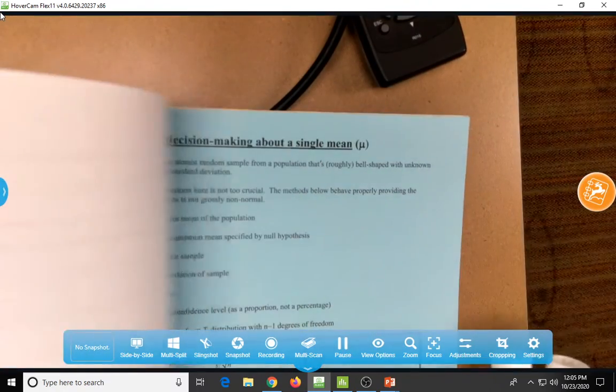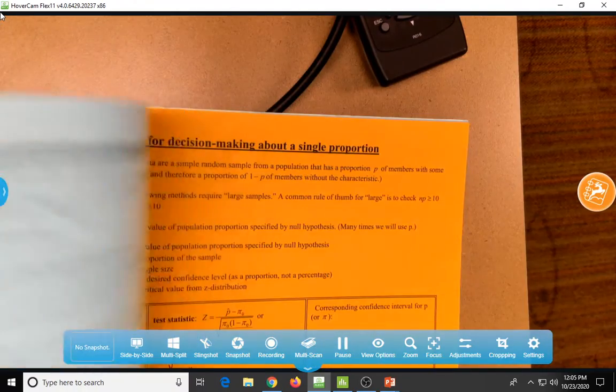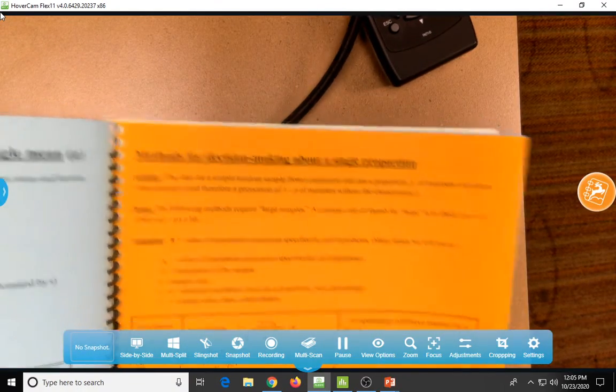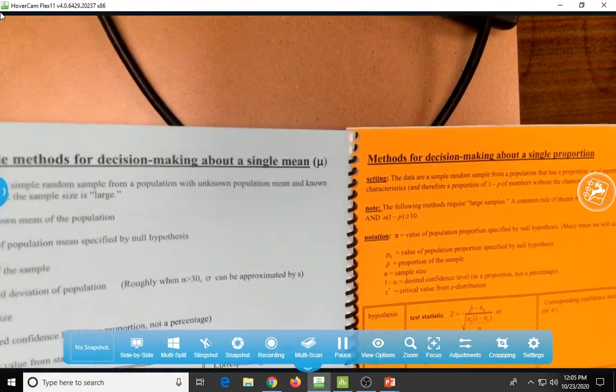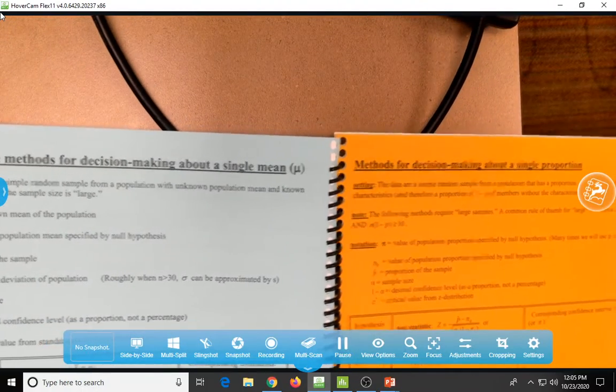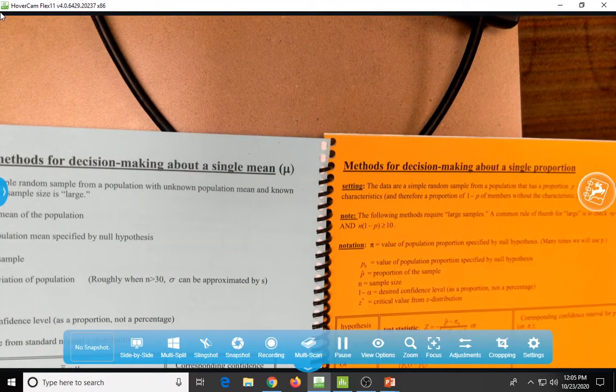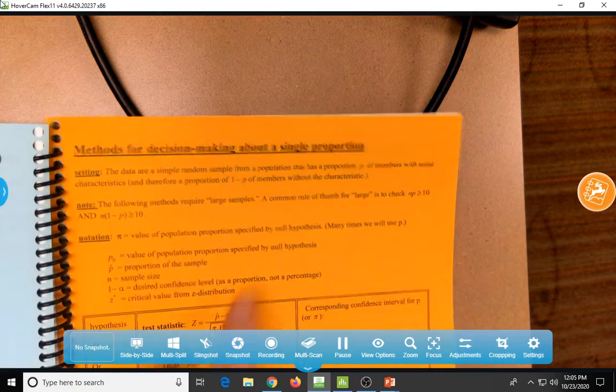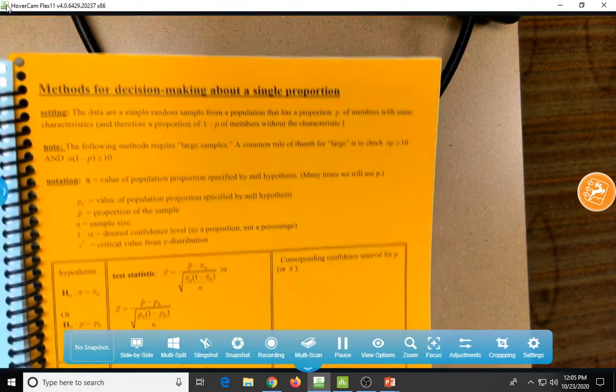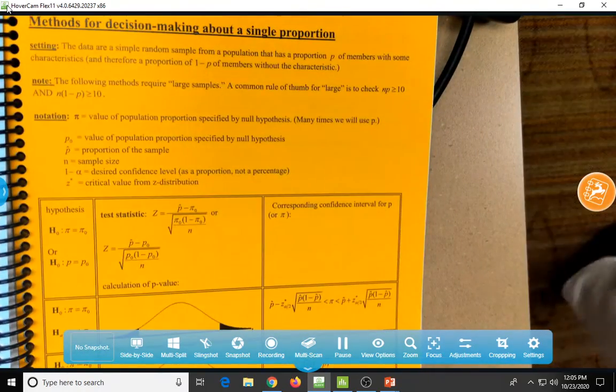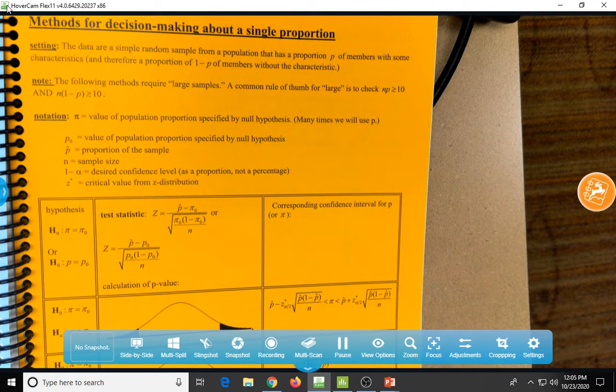So if you go ahead and look at the back of the baby blue course pack, that's large sample. First of all, the single proportion here. Over here on the right, you get the various confidence intervals that you would get: our estimate plus or minus our multiplier times our standard error.